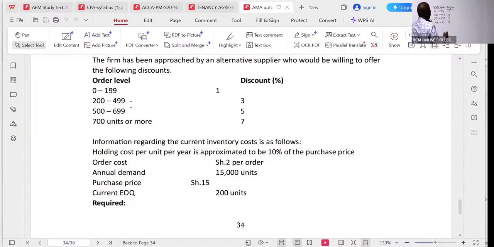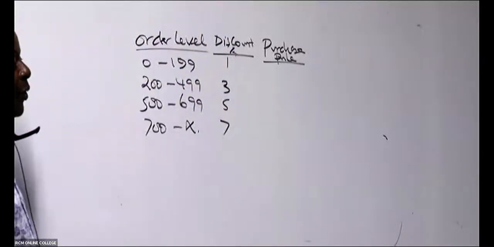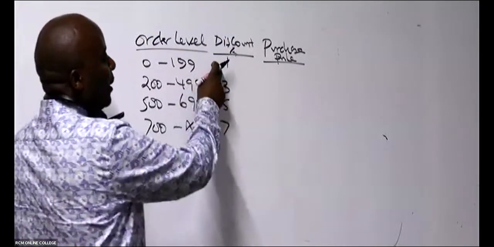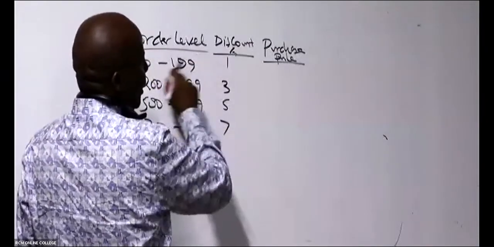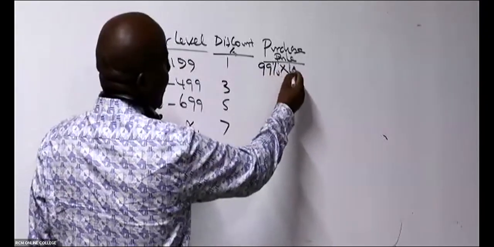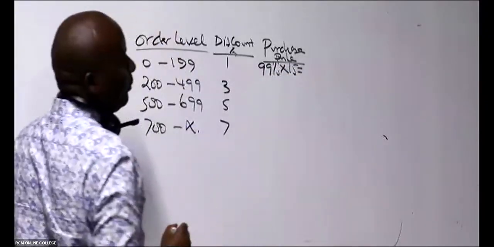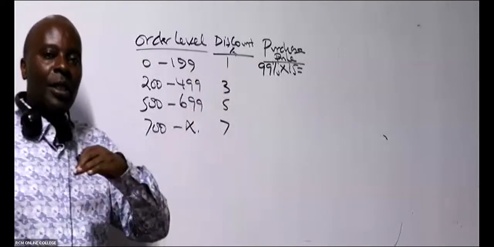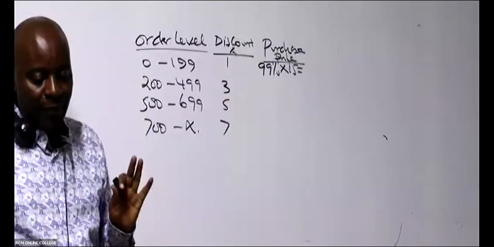Please, for each of these, give me the purchase price. The normal purchase price has been provided, my students. It is 15. So what would that mean? If I'm given 1% discount for procuring units here, I will buy those units at 99% of 15, because the discount is taken away.